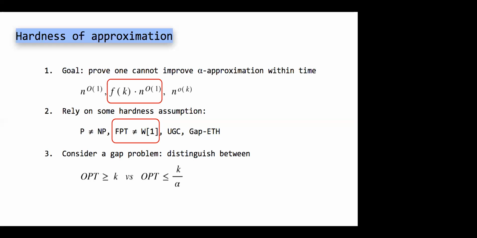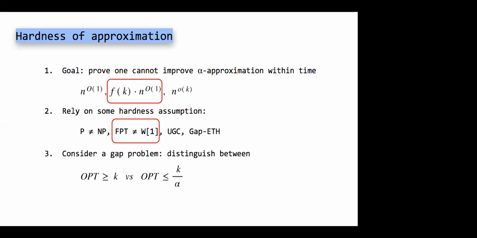Usually when we prove hardness of some problem starting from, say, P unequals NP, we prove hardness of decision problems, not optimization tasks. So we need to turn the approximation task into a decision problem. And to do so, we consider gap problems. So let us focus on maximization problems. Suppose we want to show that we cannot improve upon alpha approximation.